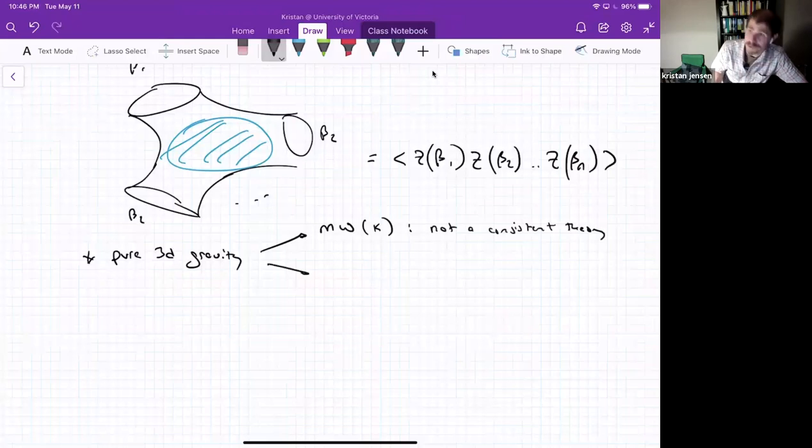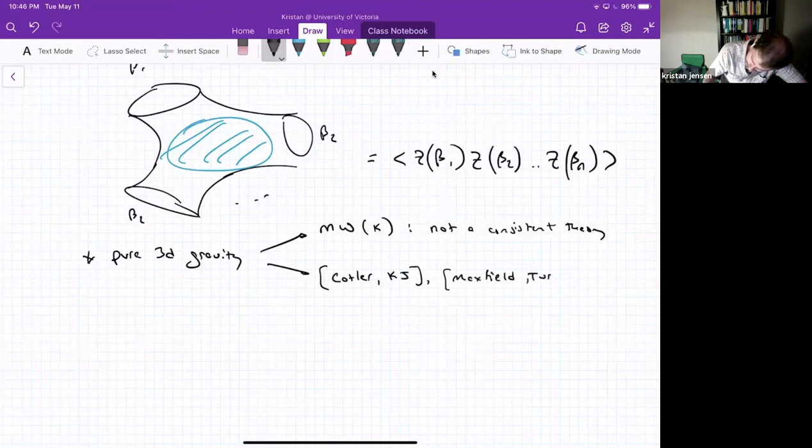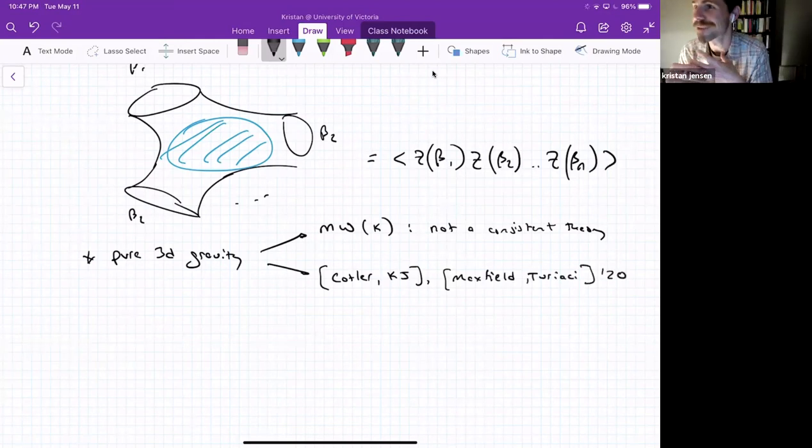However, there's new evidence coming from last year. This is from this paper of myself and Jordan Kotler, and then also Maxfield and Turiaci, that I would say we need to revisit that claim. In particular, when it comes to the density of states and whether or not it's unitary, the negative norm states that appear in the density of states written down by Maloney and Witten appear near the spectral edge.